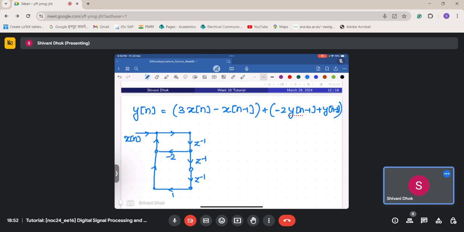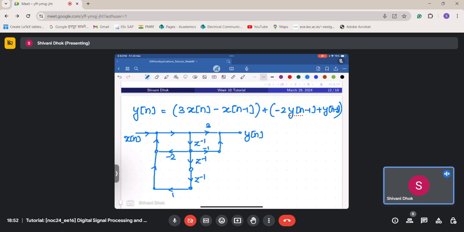Now here we have, first, 3 times x[n], so this will be a gain of 3, and after a z inverse I'll have a gain of minus 1. This will get added here, and then I'll have my y[n] here.